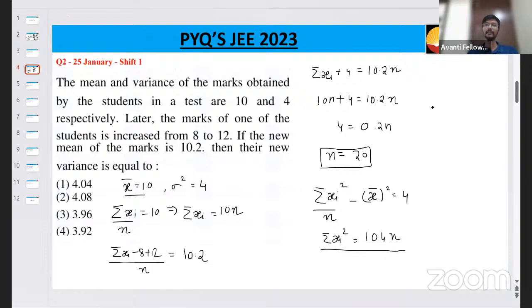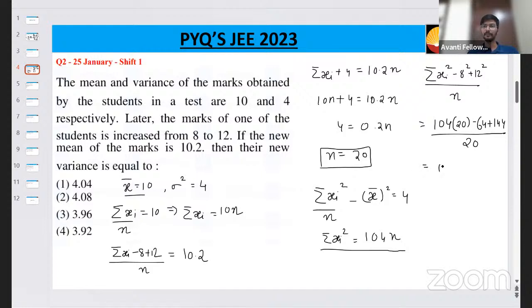Now the new variance will be summation xi square minus 8 square plus 12 square upon n, question mark. So we have to find this, correct? So summation xi square is 104 into n, which is 20, minus 64 plus 144, by 20.